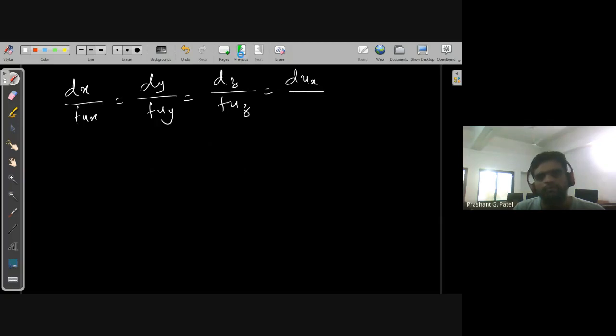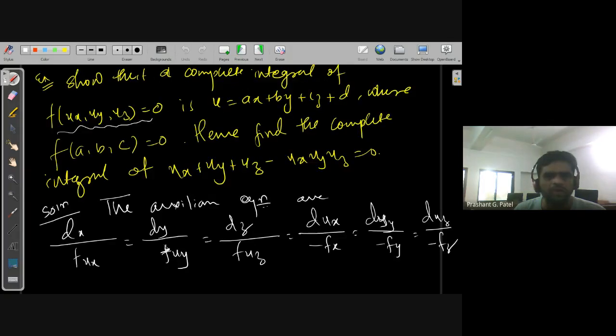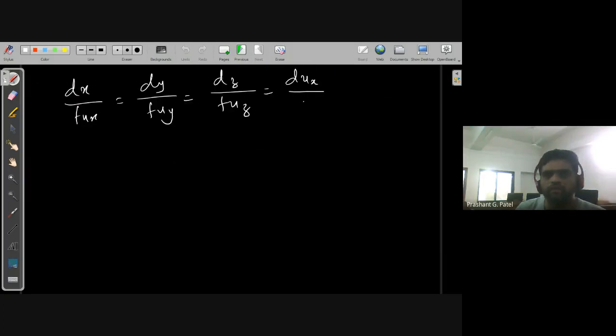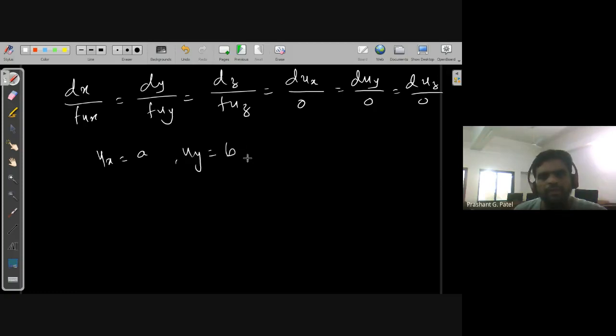For dux, since this function does not contain x, y, and z, the derivative fx is 0, fy is 0, fz is 0. So that's why this will give me 0 equal to duy upon 0, duz upon 0. So hence we can have ux as some constant, let's say a, uy we can take as b, and uz we take as c.